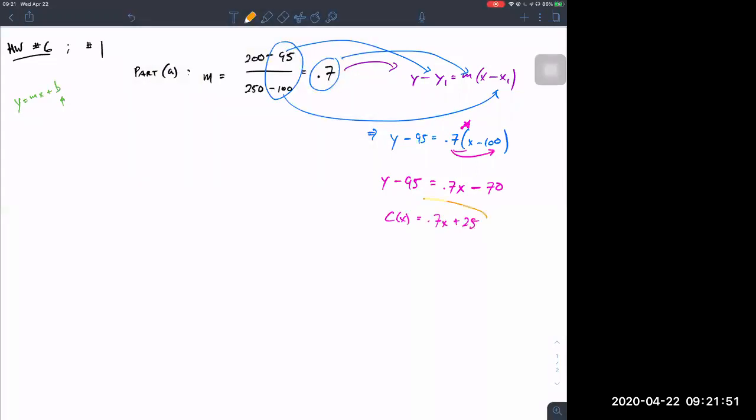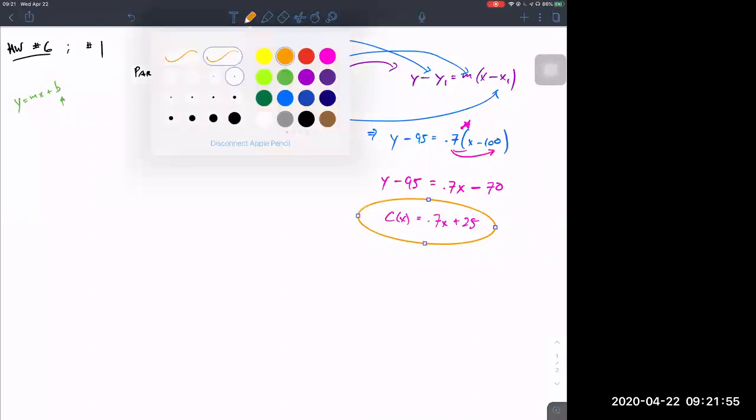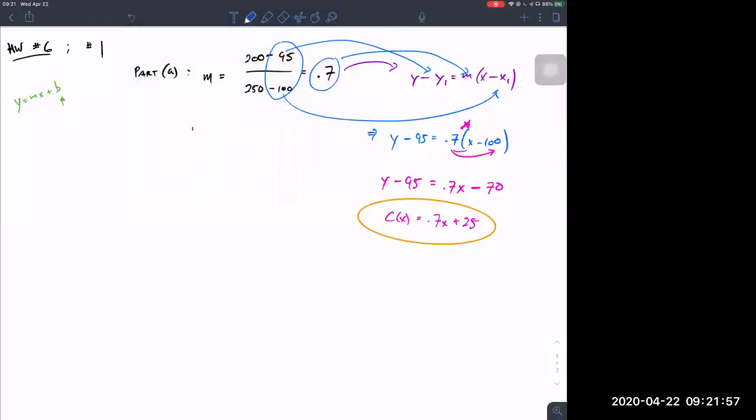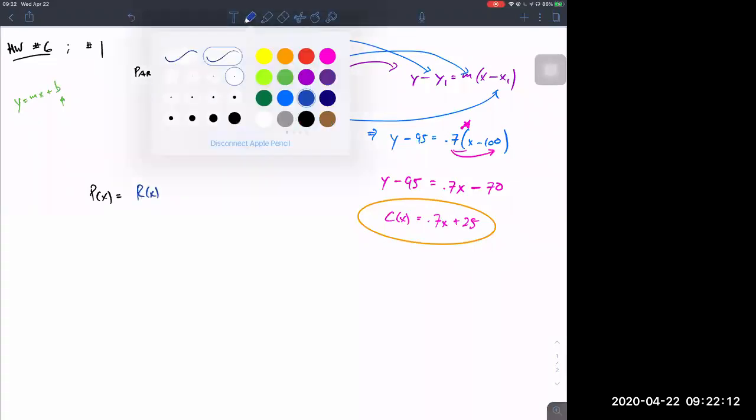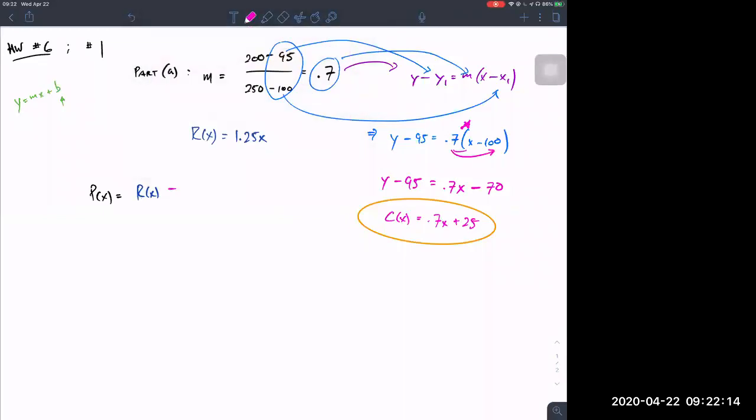So there's that, but remember, we don't use this. It's just to help us find the profit function. Remember, revenue is just whatever number I gave there, which was 1.25x. And then the second mistake students generally make is that they remember that these are the difference right here, but they forget to distribute the negative as well.